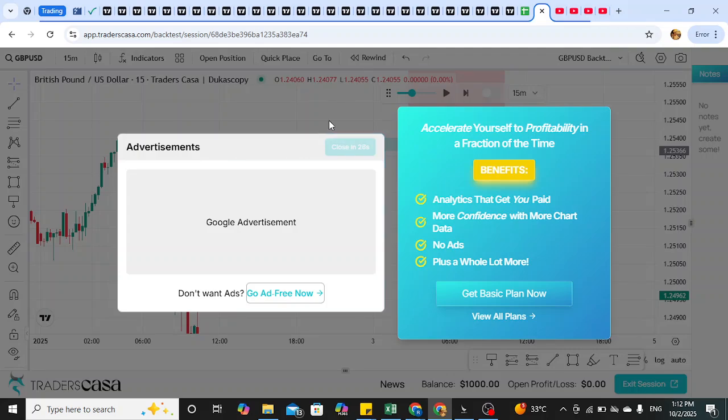Once we get done with this advertising thingy, we will see if our risk management rules allow us to take this trade, because we need to be disciplined to our risk management rules.